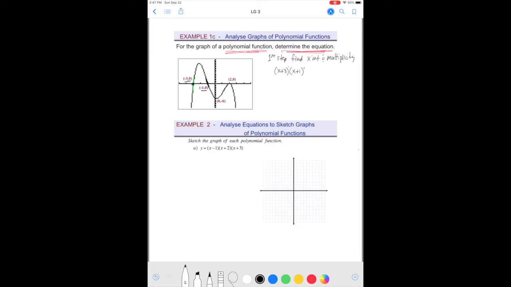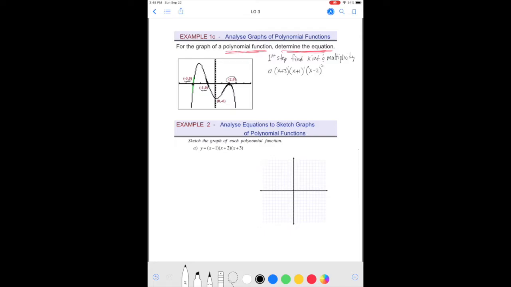Now the polynomial is coming up, it hits right there, and it comes right back down. So we know at that point it's a multiplicity of 2. It hits and then comes right back down. Okay, so we have the first step, the x-intercepts with their multiplicity.